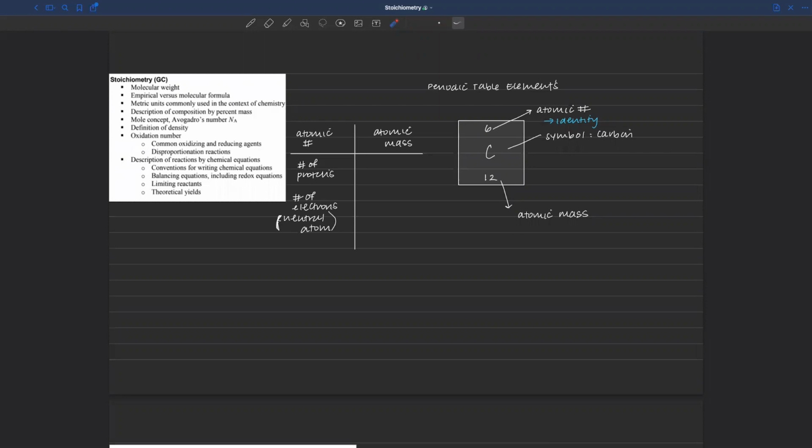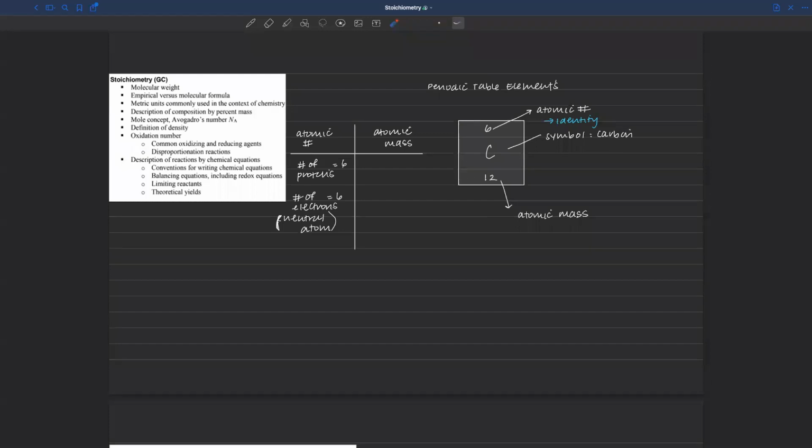How many protons does carbon have? It's going to have 6. How many electrons does it have? Well, if carbon's just neutral, we're going to say it also has 6 electrons, like that. So the atomic number gives you a lot of information about the protons and electrons.